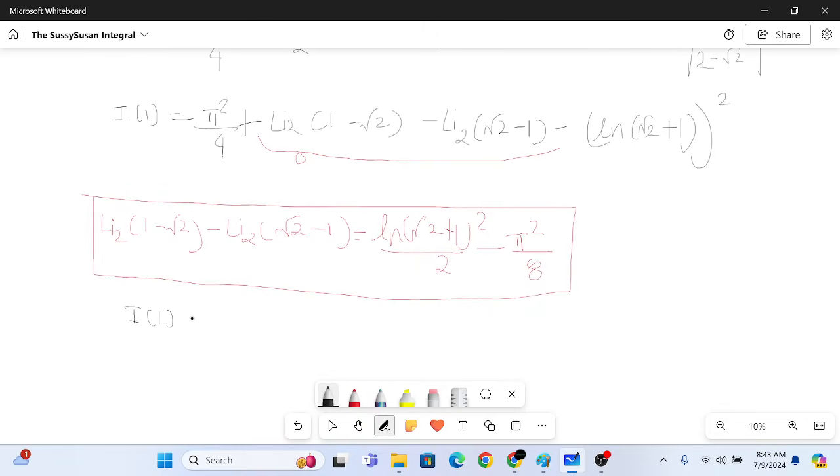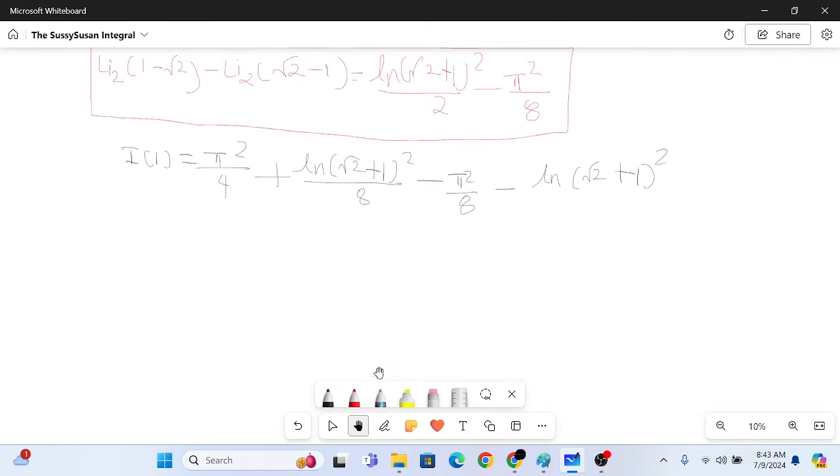So I of 1 is equals to pi square by 4. Yes, and now this is plus ln of root 2 plus 1 whole squared by 2 minus pi squared by 8 minus ln of root 2 plus 1 whole square. Okay, and yeah, after this we just need to do some arithmetic.